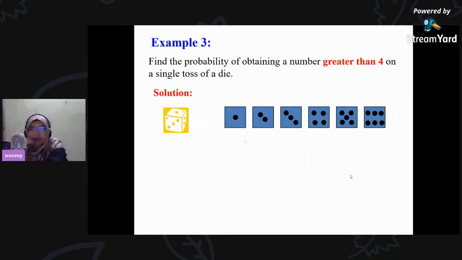The total number of the sample space is 6, so n(S) is equal to 6.